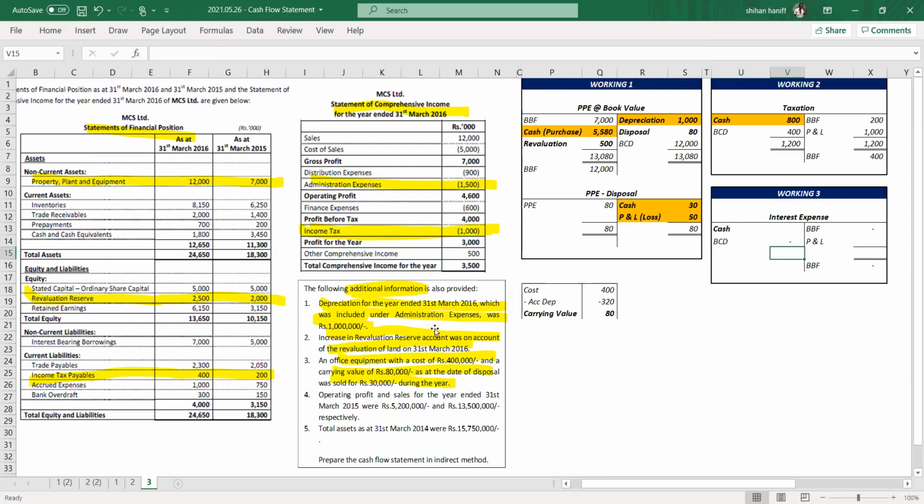Profit and loss is given. Finance expense 600. Therefore, cash is also the same. If there is no closing balance or opening balance, the expense and the payment are both the same.